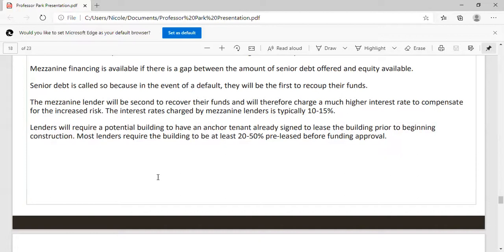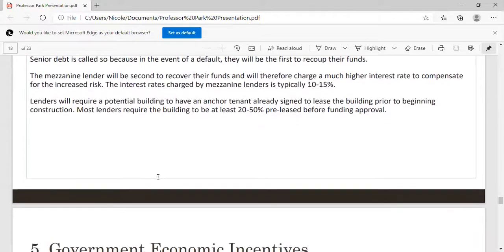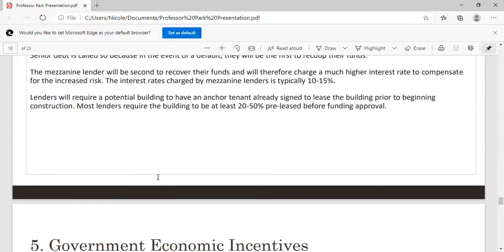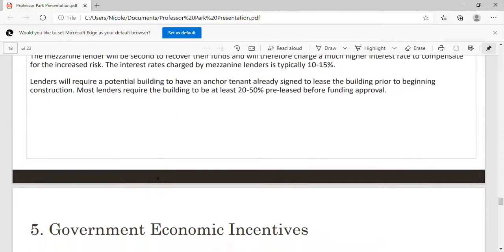They're going to be the one that has the sign on the outside of the building. When you drive by, you're like, oh, that's the Comerica building. They're not the only tenant in the building, but they're the one that leases most of the floors. That's the anchor tenant. So most lenders will require you to have at least 20 to 50% of the building pre-leased before they'll even decide to fund you for development.